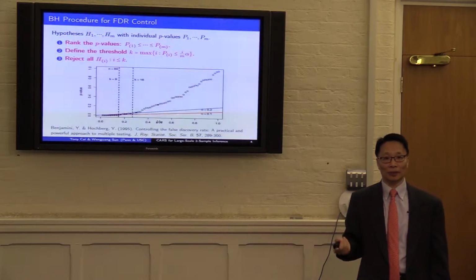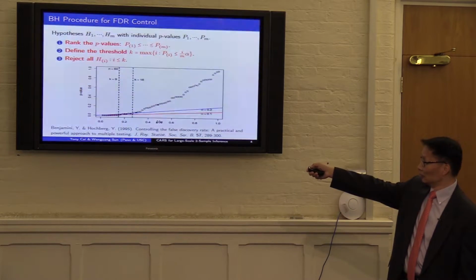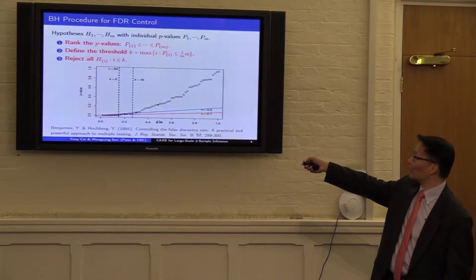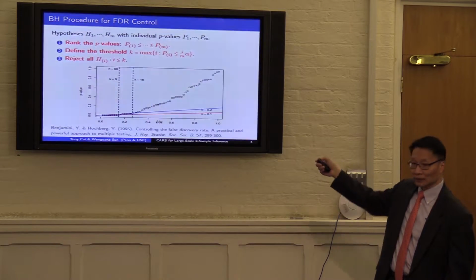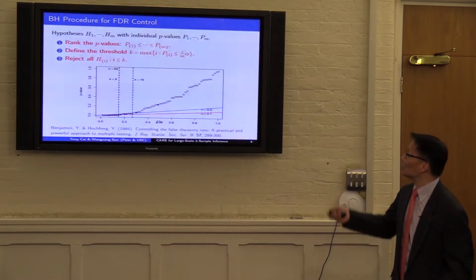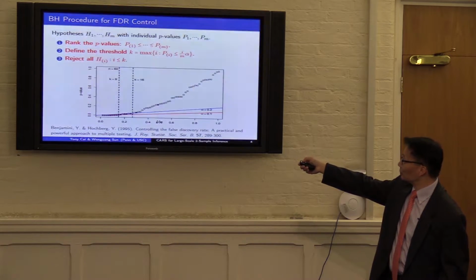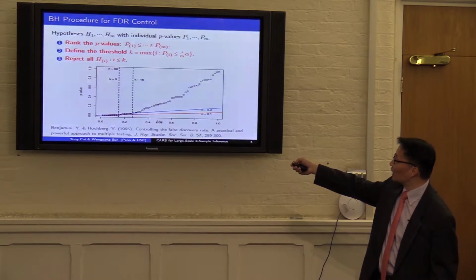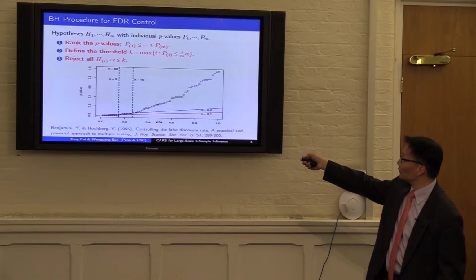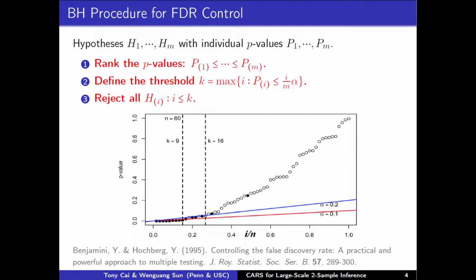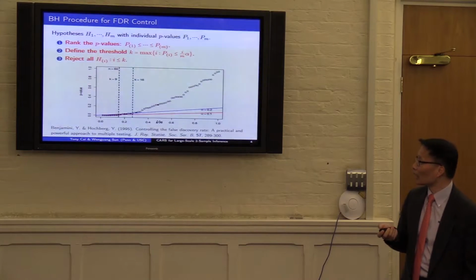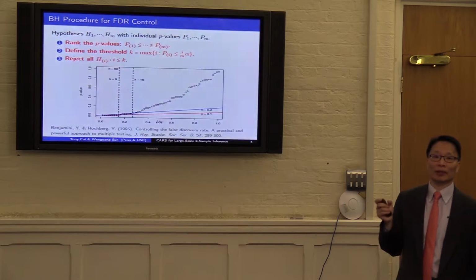But how small is small enough? We define the threshold for any given alpha level, which is a specified FDR level. We define k to be the maximum i such that the ith smallest p-value falls below this line. And then we reject everything below that.